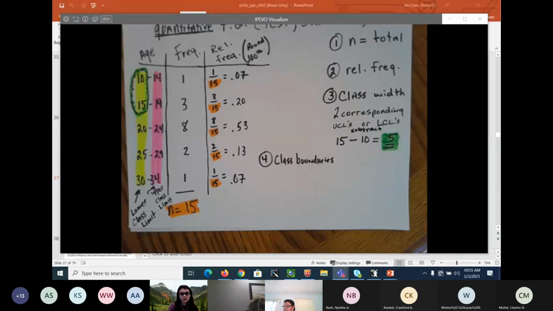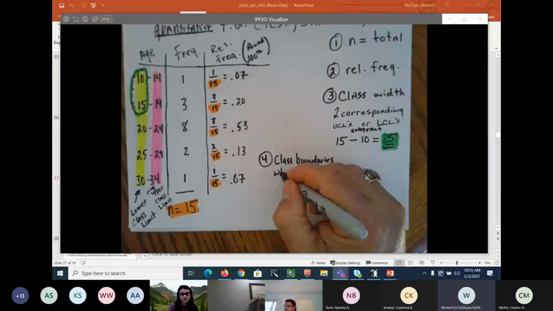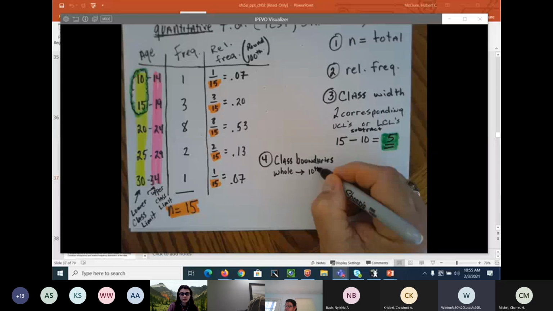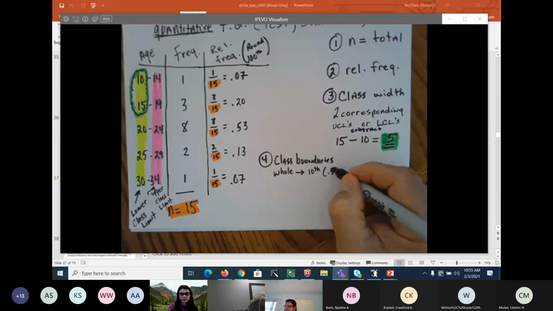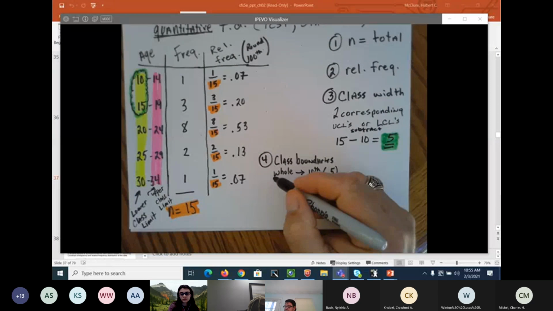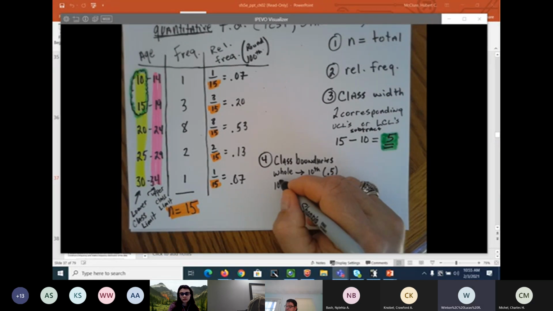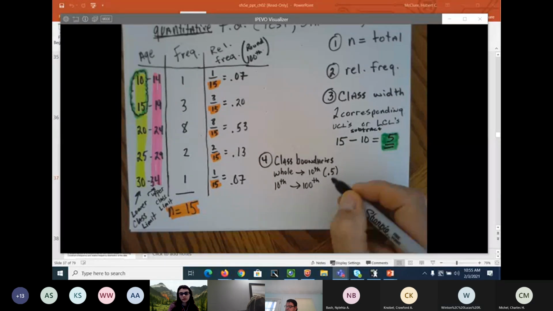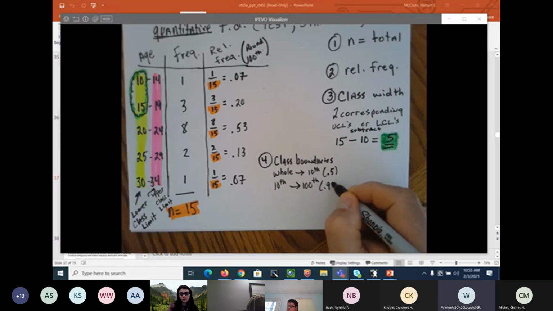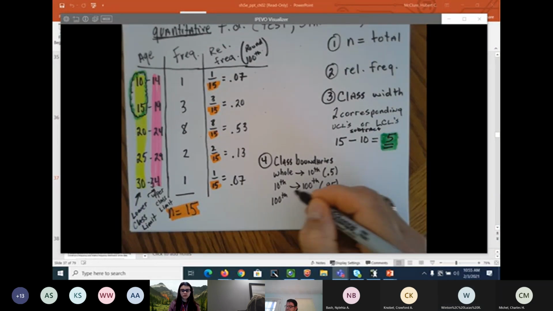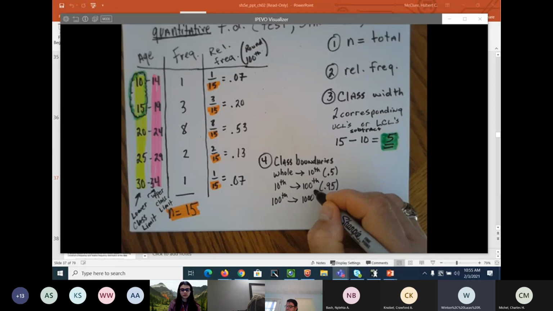If you have whole numbers, your class boundary is going to be to the 10th, and usually they use 0.5. If your classes are to the 10ths, you're going to go to the 100th, which means 0.05. When you go to the 100th, then you're going to use the 1000th, and that will go to 0.005.